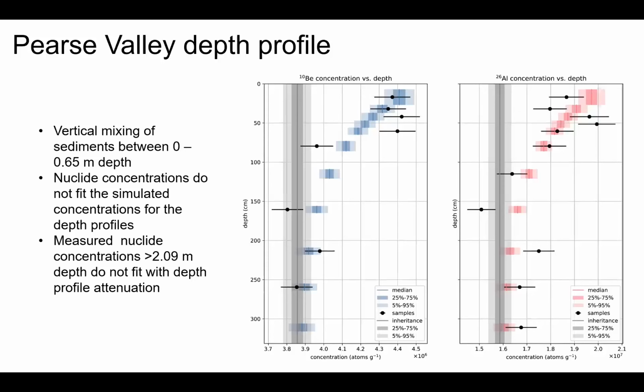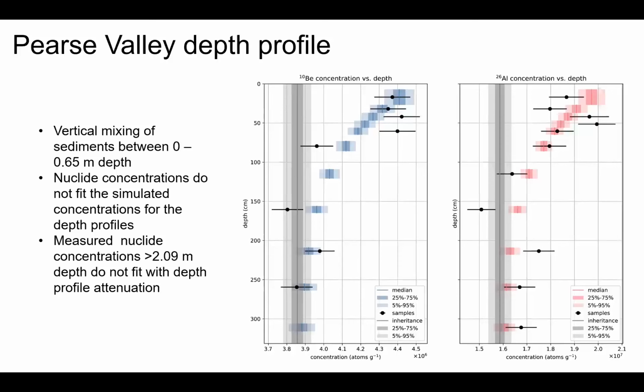And then at depth, you start to see that attenuation towards a modeled inheritance. So our measured samples are the black dots, which you can see. This is beryllium on the left, aluminium on the right, and the Monte Carlo simulation is the blue. This is the raw measurements.